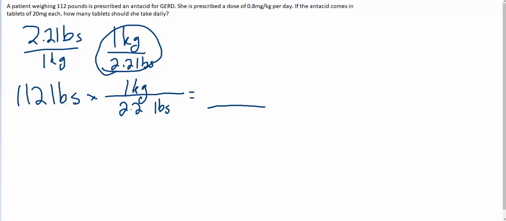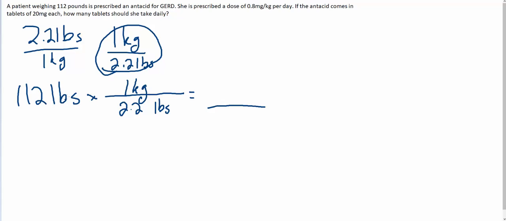We'll write 1 kilogram over 2.2 pounds. And what's going to happen here is we're going to multiply across the top, 112 times 1, which is just 112, and then we're going to divide by what's on the bottom. So we've got 2.2 pounds down here, so it would be 112 times 1 divided by 2.2.